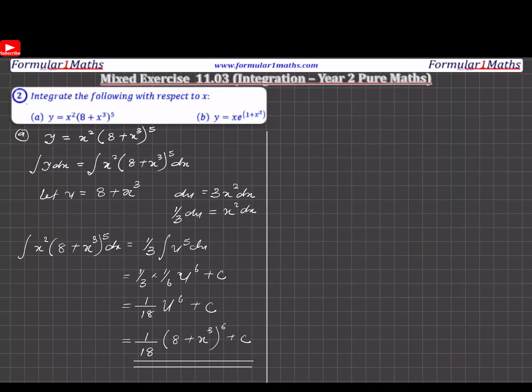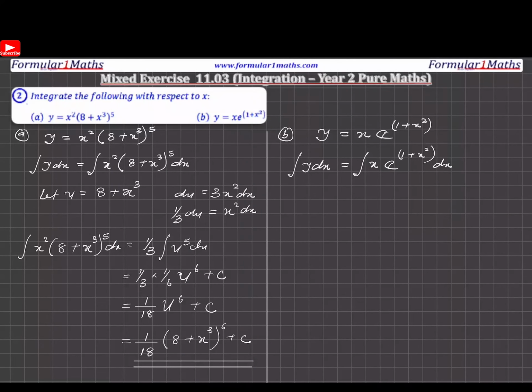For B, I have y is equal to x e to the power 1 plus x squared. So the integral of y dx is equal to the integral of x e to the power 1 plus x squared dx.